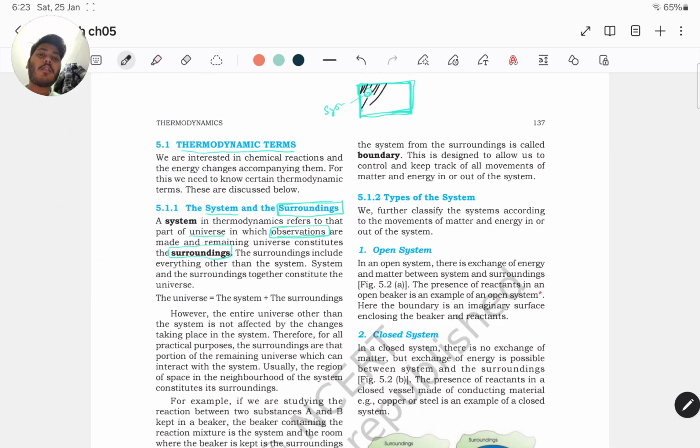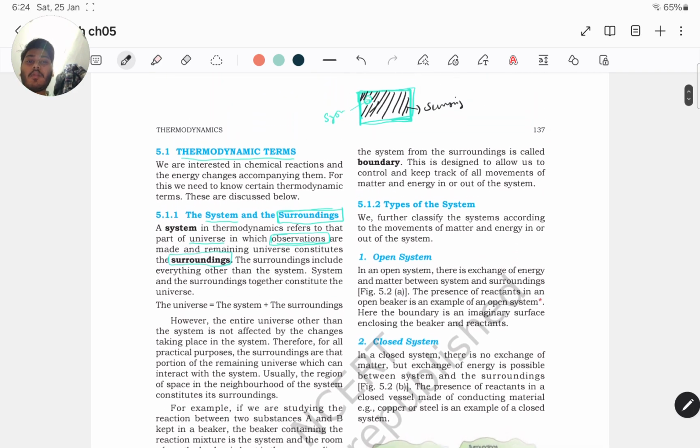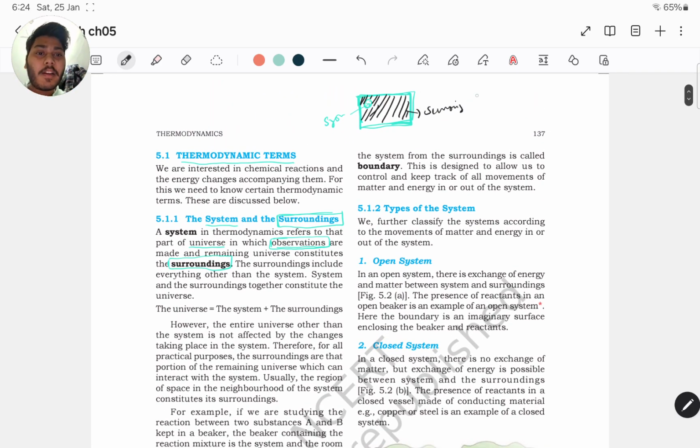So the remaining part, that is the surrounding. So we can express it like that: the house is made up of surrounding as well as system, because both are part of the house.